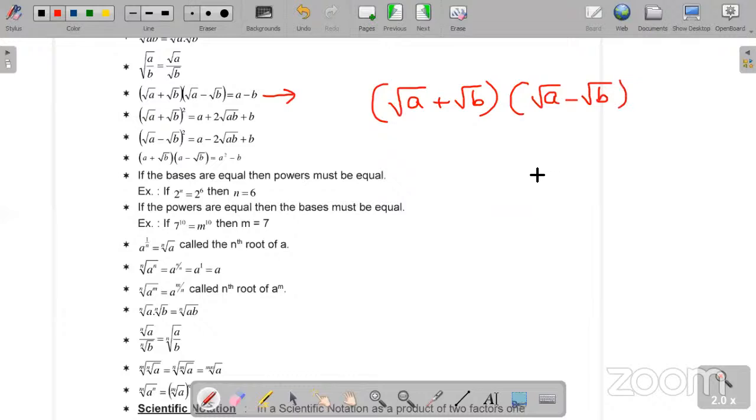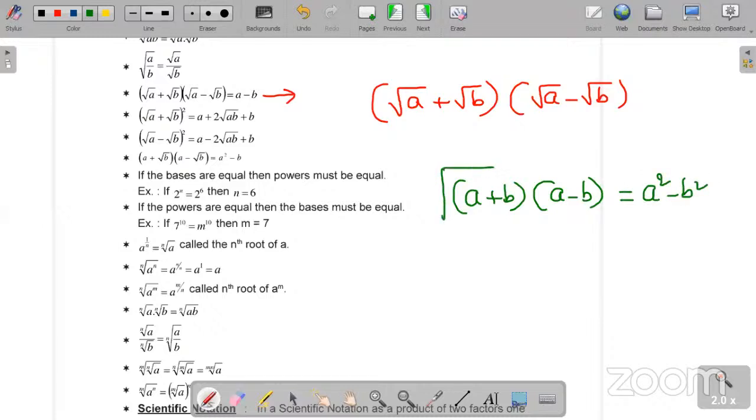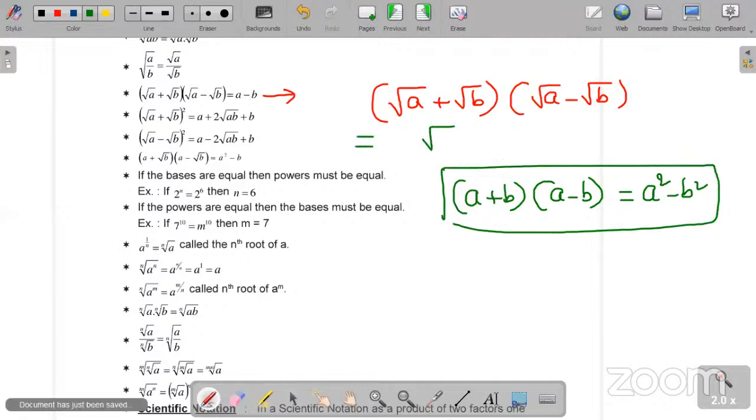In algebra, we have one beautiful formula: A plus B into A minus B. Already in the last session, we had a discussion on this one. A plus B into A minus B is equal to A square minus B square. So using this concept, this can be written as root A whole square minus root B whole square.